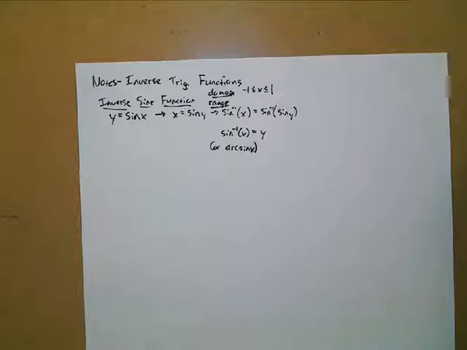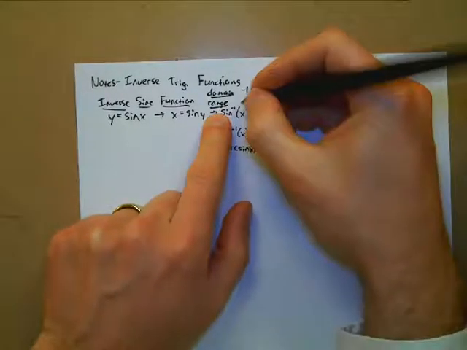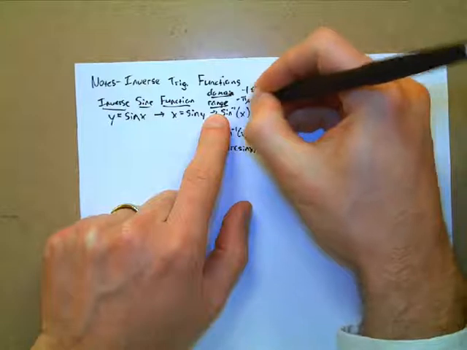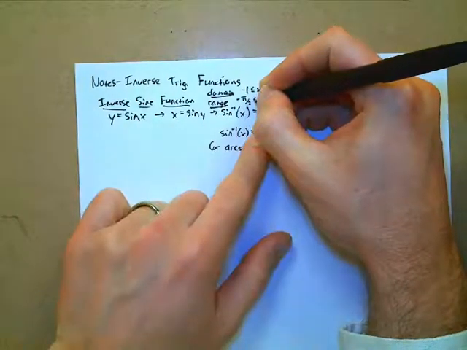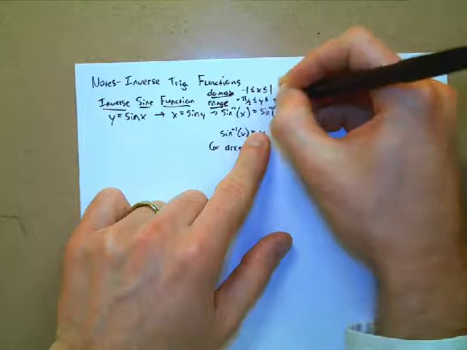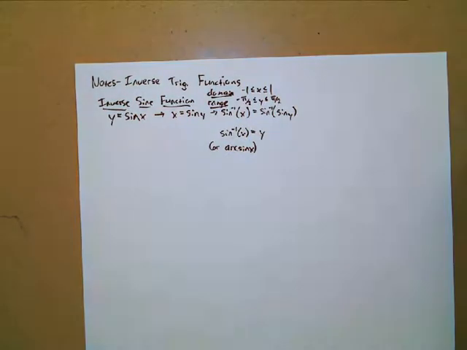So the range for inverse sine, to keep it a function, is going to be -pi/2 less than or equal to y less than or equal to pi/2. And this keeps that inverse sine function a function. So that's our information there. Again, this will come more into play later. Right now, we'll just be using our calculators to evaluate any of these inverse trig functions.